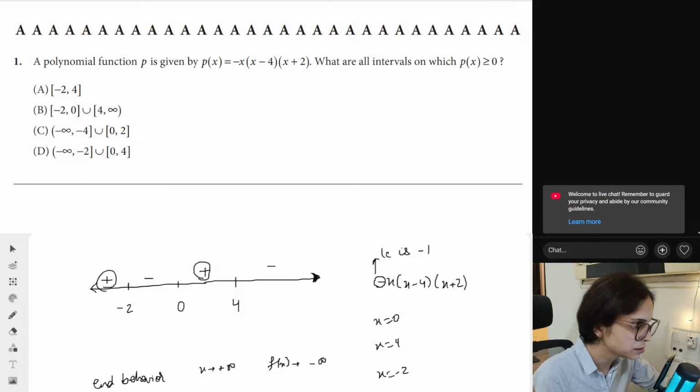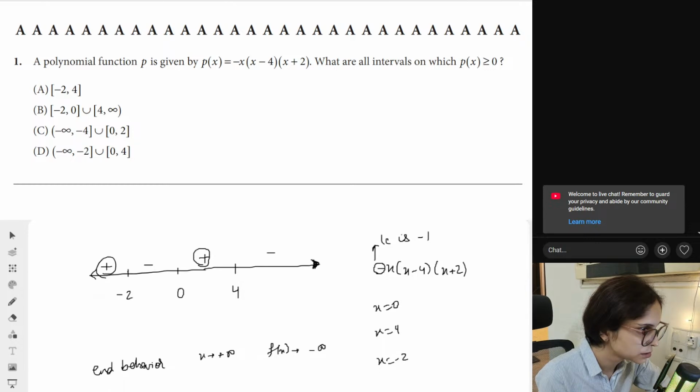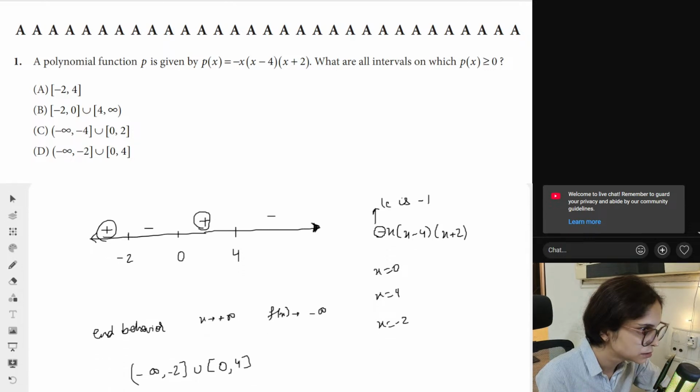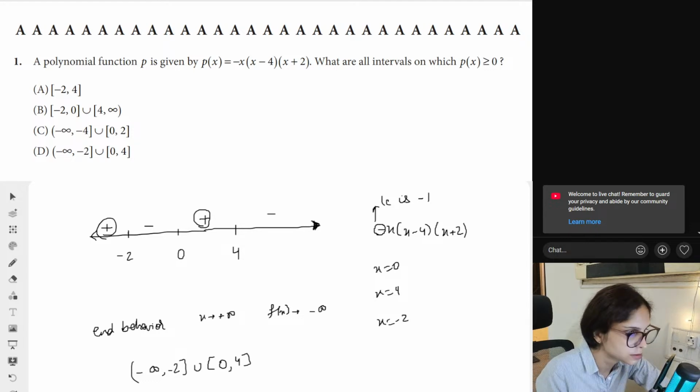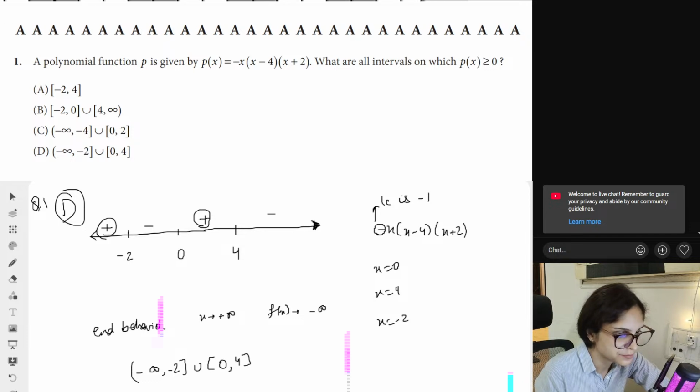So negative infinity to negative 2 and then 0 to 4, that is option D. So option D is our correct answer. And this was the first question, from the topic polynomial inequalities.